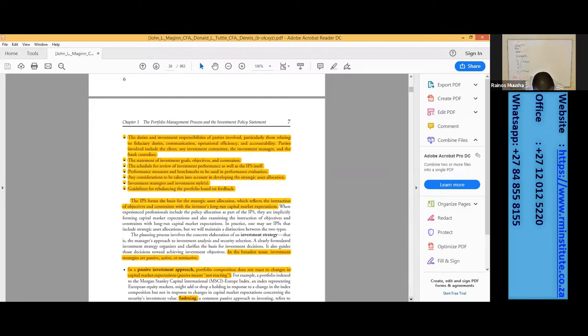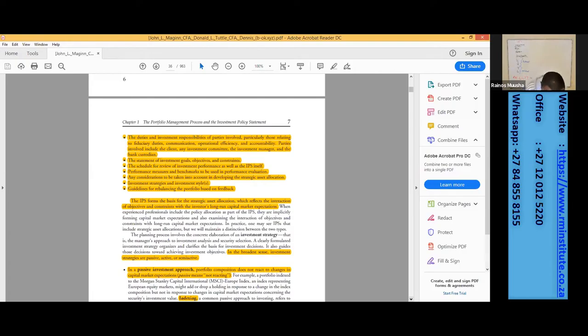Then they also list the statement of investment goals, objectives, and constraints, the schedule for review of investment performance as well as the investment policy statement itself, and the performance measures and benchmarks to be used in performance evaluation. They also include any considerations to be taken into account in developing the strategic asset allocation, the investment strategies and investment style, and guidelines for rebalancing the portfolio based on feedback.